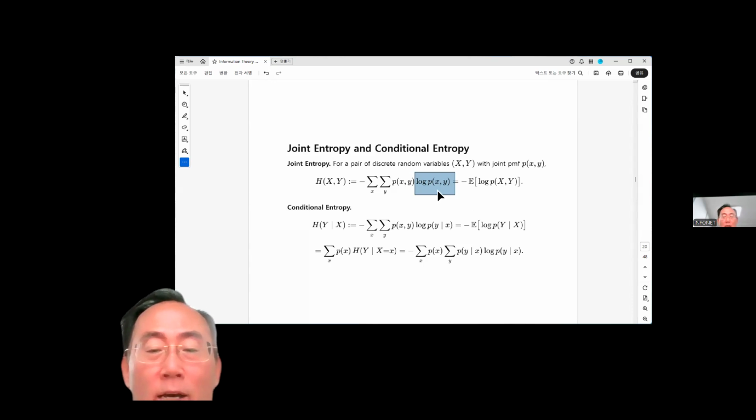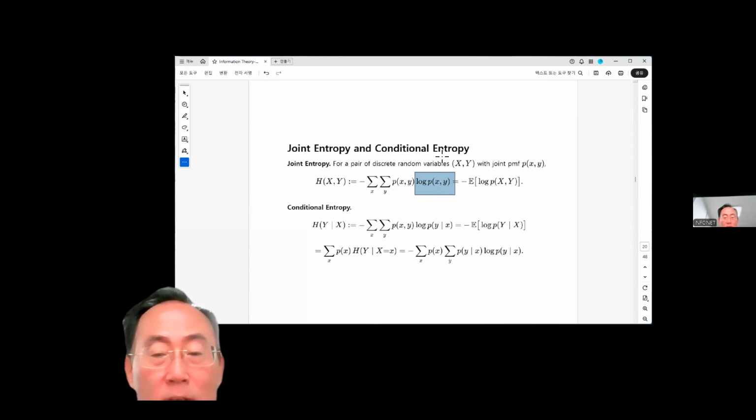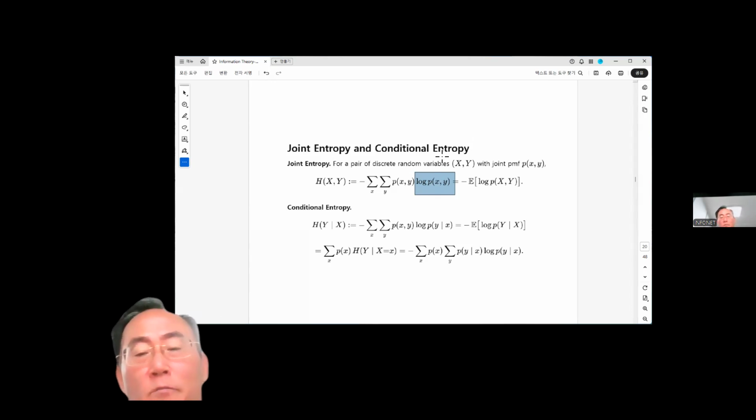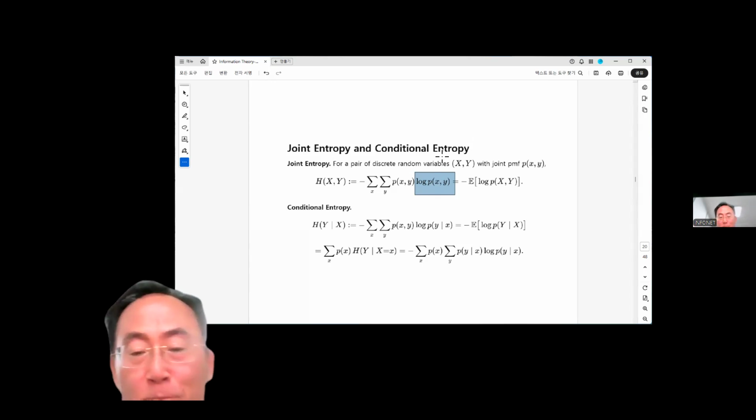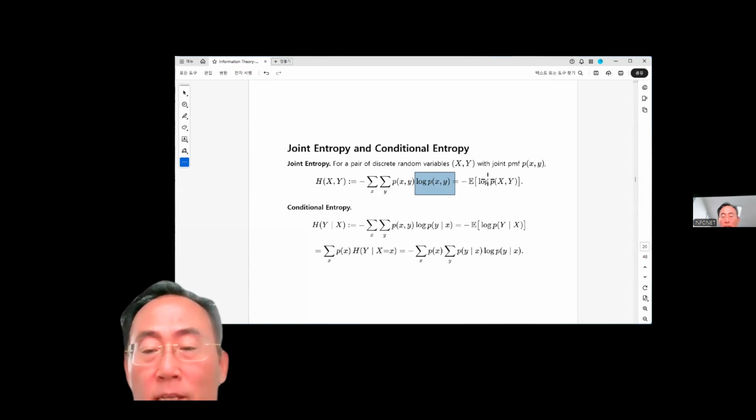A random variable is a function with the distribution. A function from where to where? Sample space to the number space, right? So log p of x and y is a good random variable.